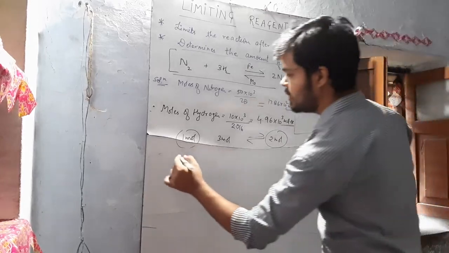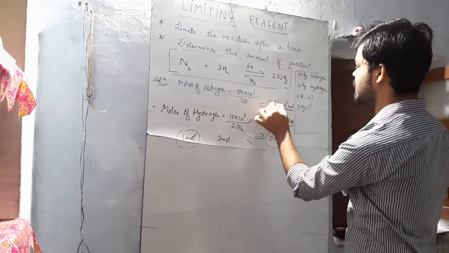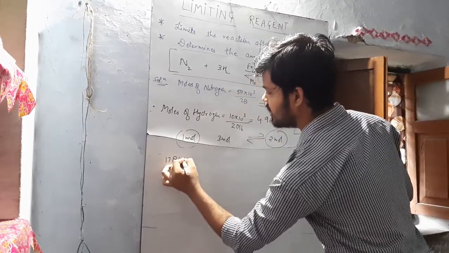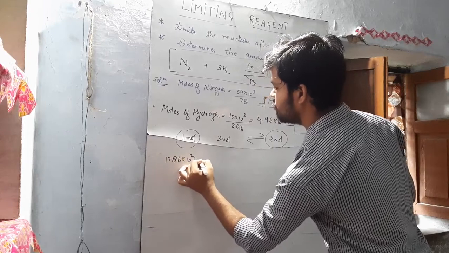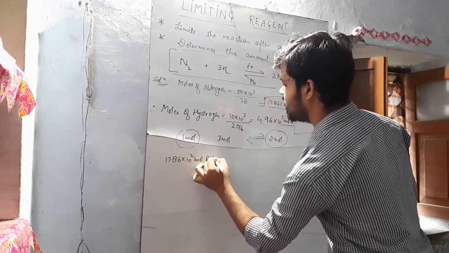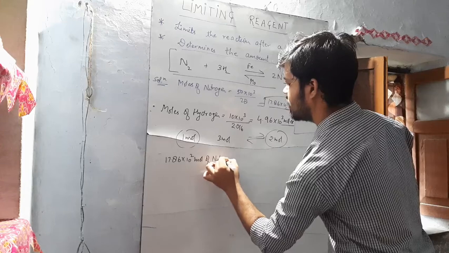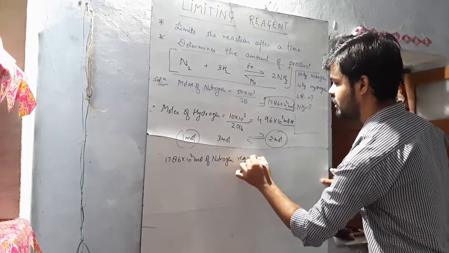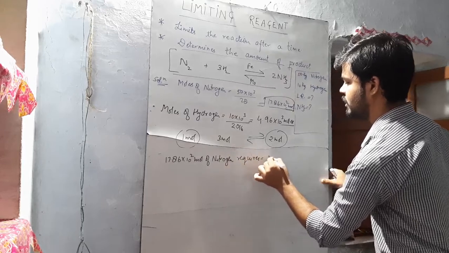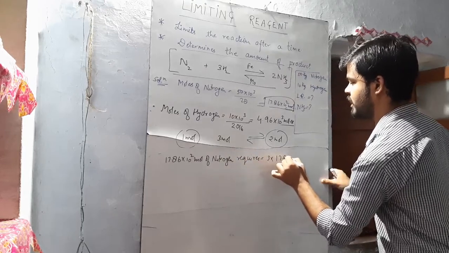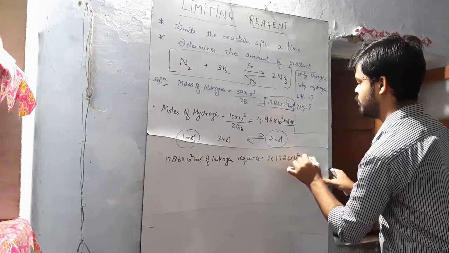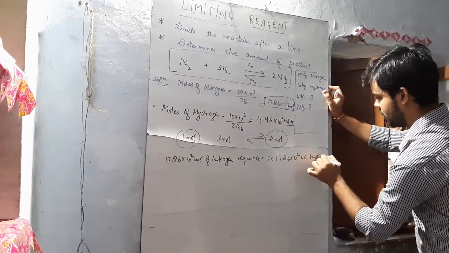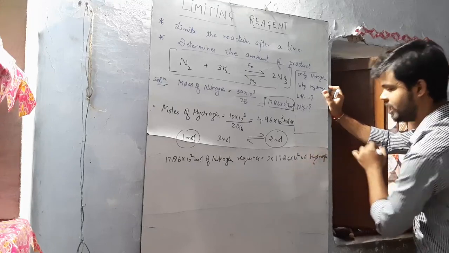This means that 17.86 multiplied by 10 power 2 moles of nitrogen requires 3 into 17.86 into 10 power 2 moles of hydrogen.